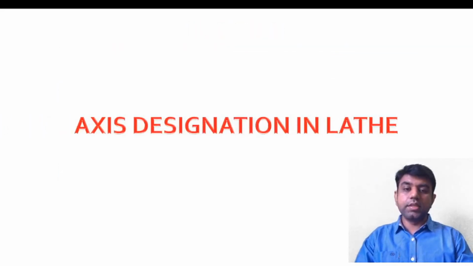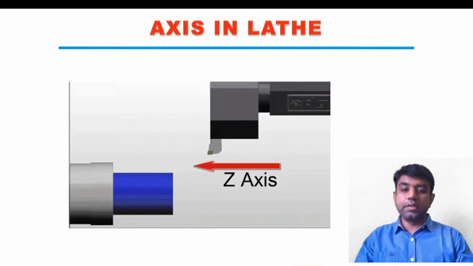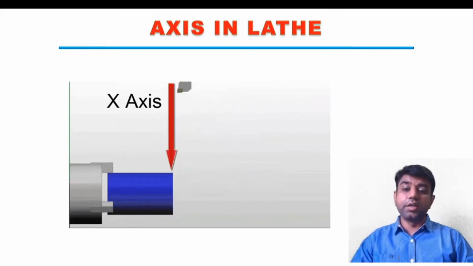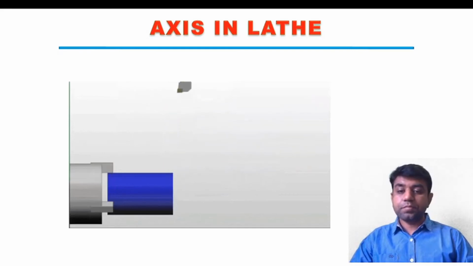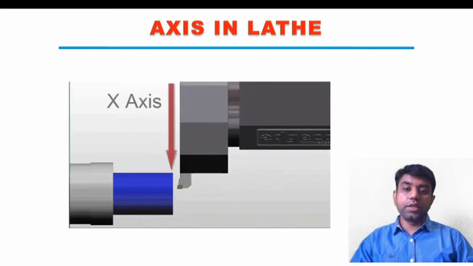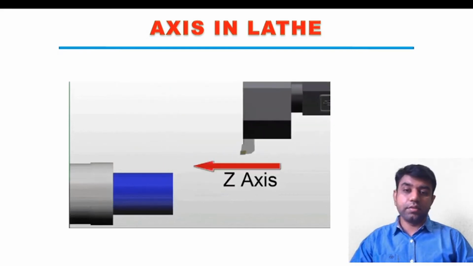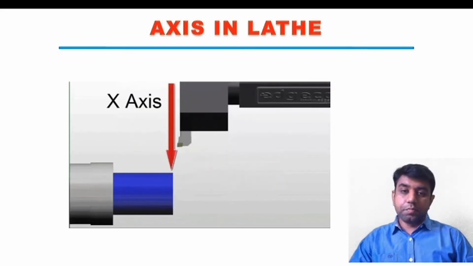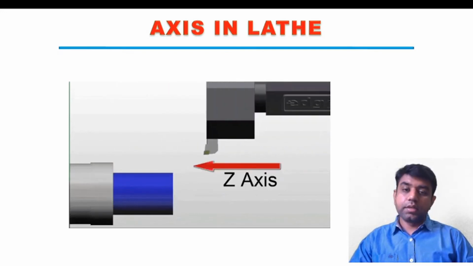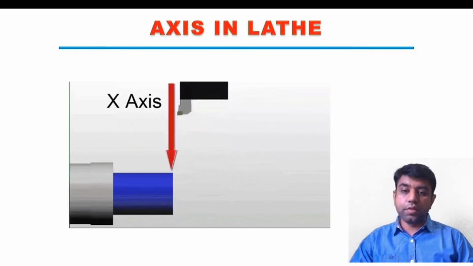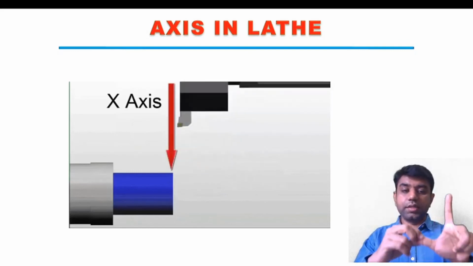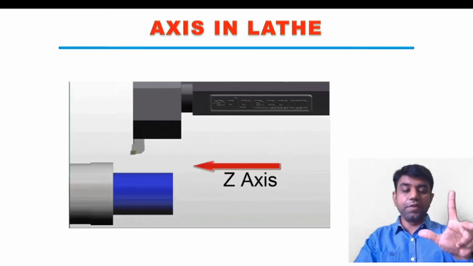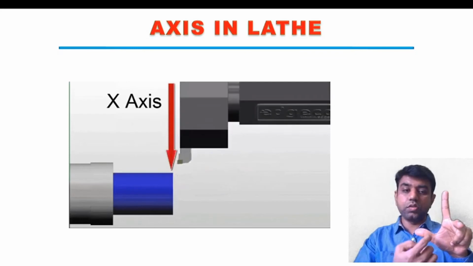Now let us understand the axis designation in the lathe machine. Normally, we designate the axes with the help of the right-hand thumb rule that we already understood in our last lecture, right? Once you know one particular axis, then with reference to that you can find the location of the others.